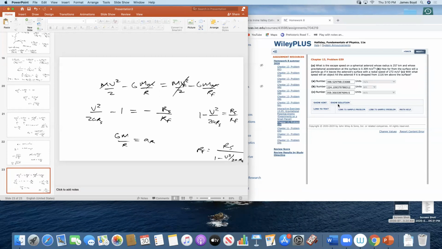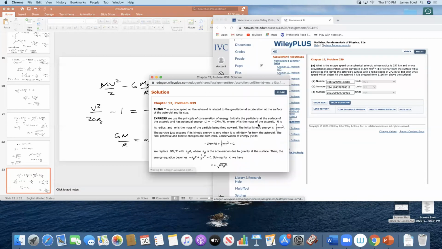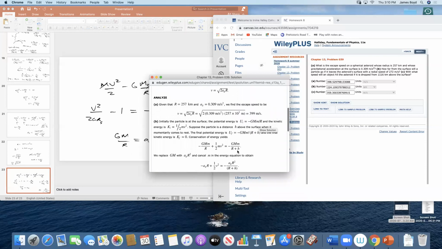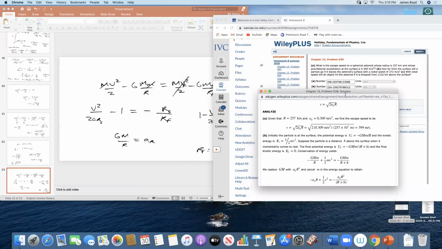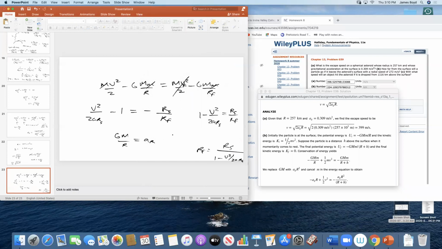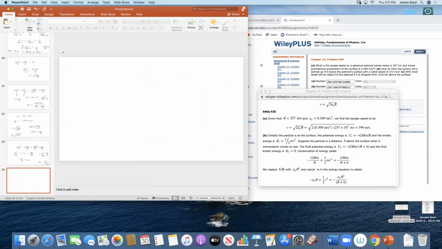Right, can do that. Let's make sure that that's the solution that they show. They want to know how far from the surface. So yeah, I knew I messed that up a little bit.